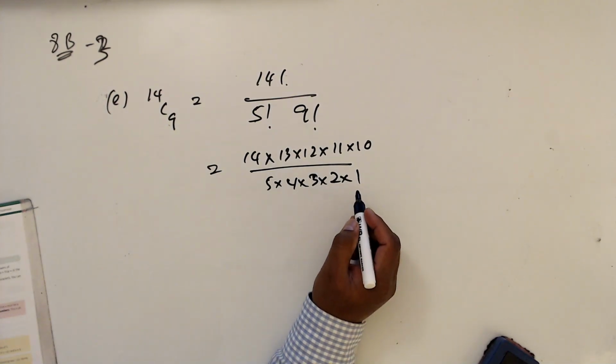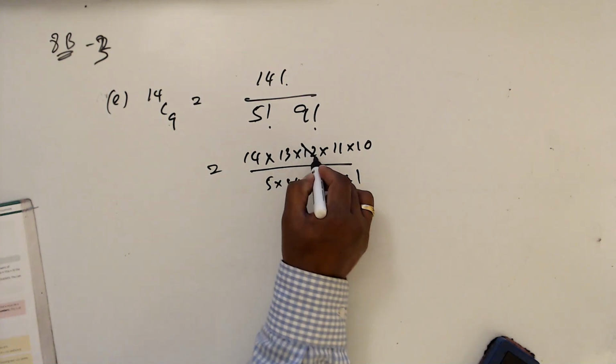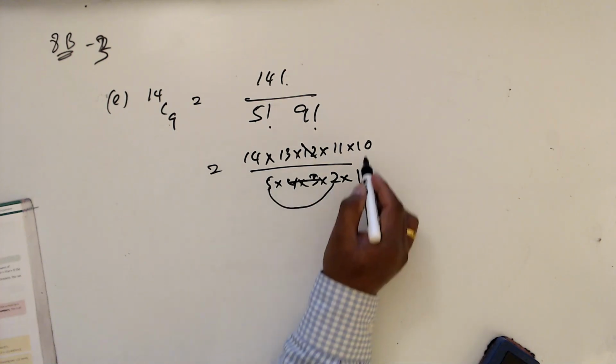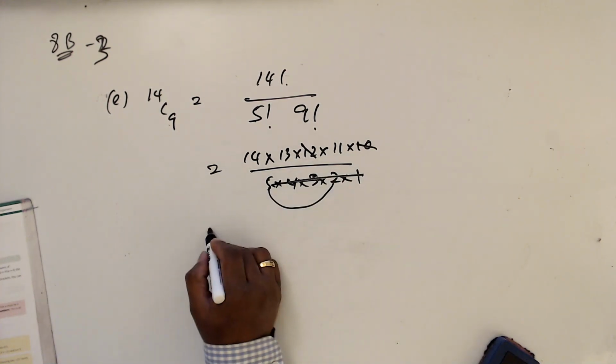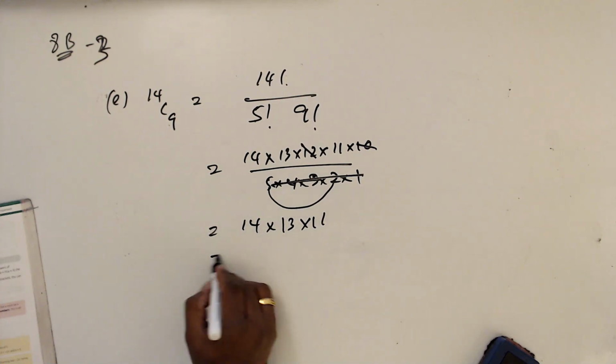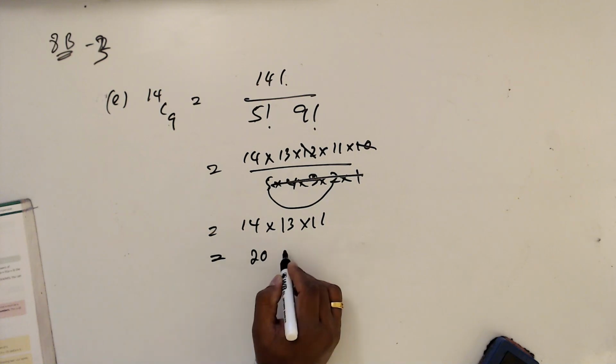So 4 times 3, 12, and this 12 cancels out. 5 times 2, 10, and this 10 cancels out. So 14 times 13 times 11. That is going to be 2002.